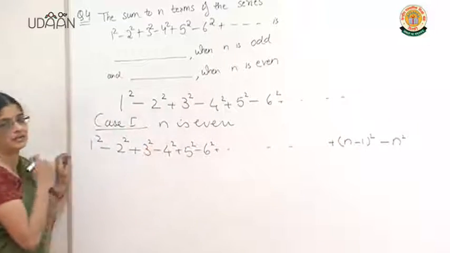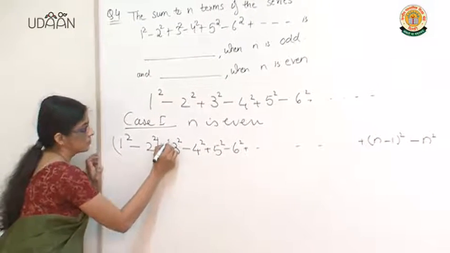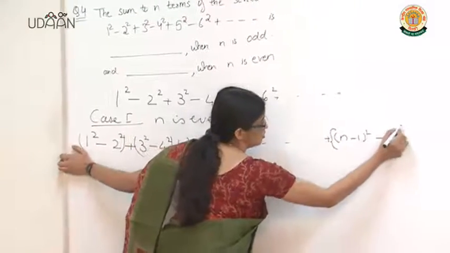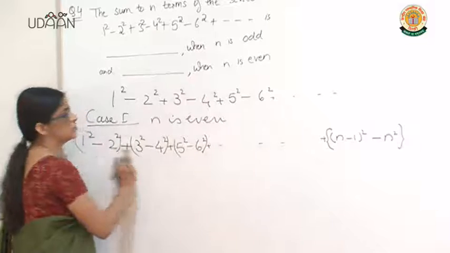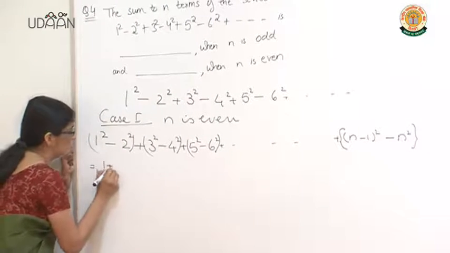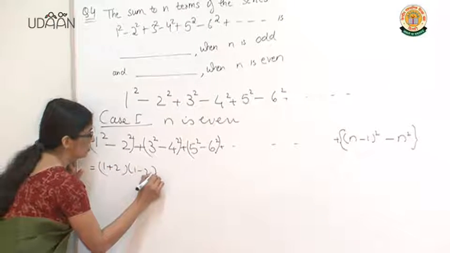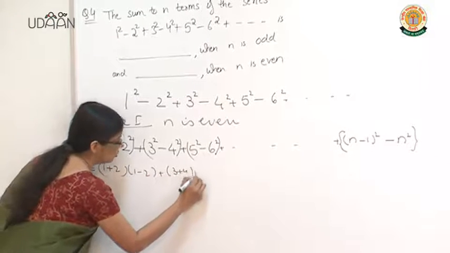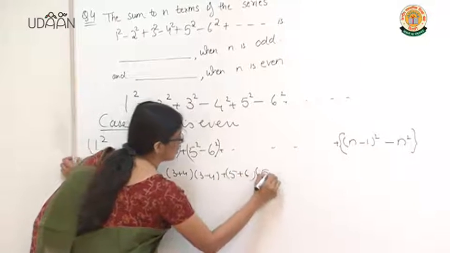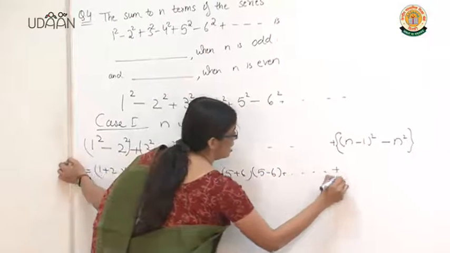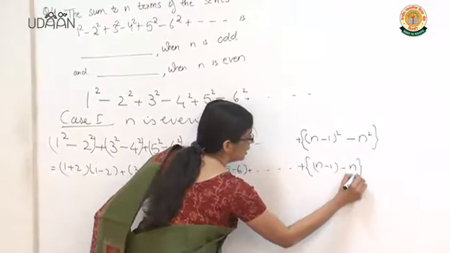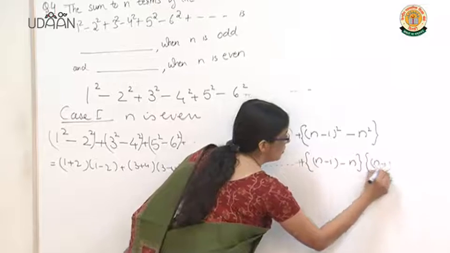Now I am going to pair the terms. First, second, third, fourth, fifth, sixth, and then the last two. Each of these brackets is of the form a square minus b square, that is, a plus b into a minus b: 1 plus 2 into 1 minus 2, 3 plus 4 into 3 minus 4, 5 plus 6 into 5 minus 6, and so on. The last term will be n minus 1 minus n into n minus 1 plus n.